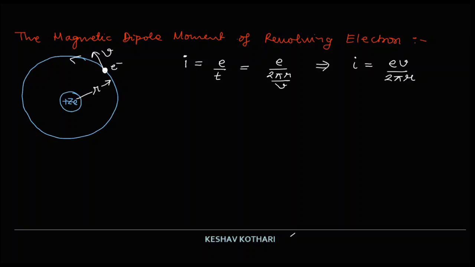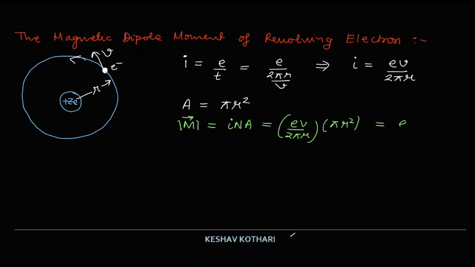Now the next parameter we are discussing is the area enclosed by the circular current. The area enclosed by the circular current is equal to pi r square, and hence I can say that the magnetic moment m, if we calculate its magnitude, is equal to I N A. This can be written as ev upon 2 pi r multiplied by the area, that is pi r square.